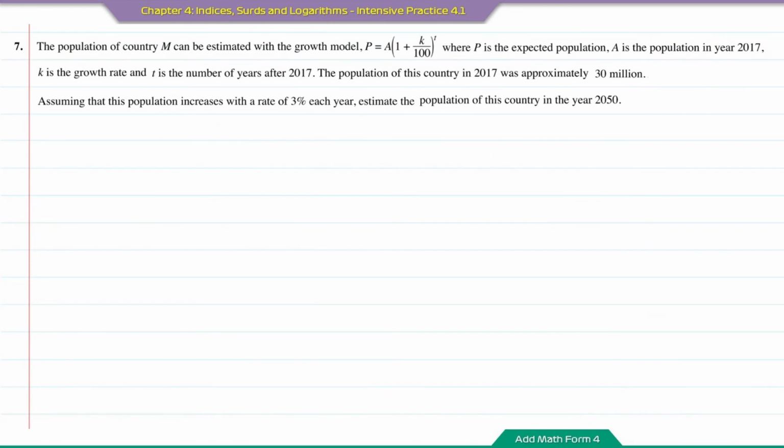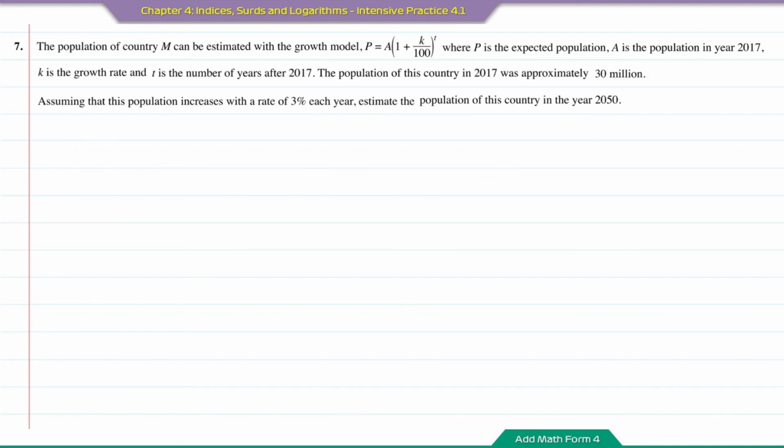Question number 7. The population of country M can be estimated with the growth model P, where P is the expected population, A is the population in the year 2017, K is the growth rate, and T is the number of years after 2017. The population of this country in 2017 was approximately 30 million.